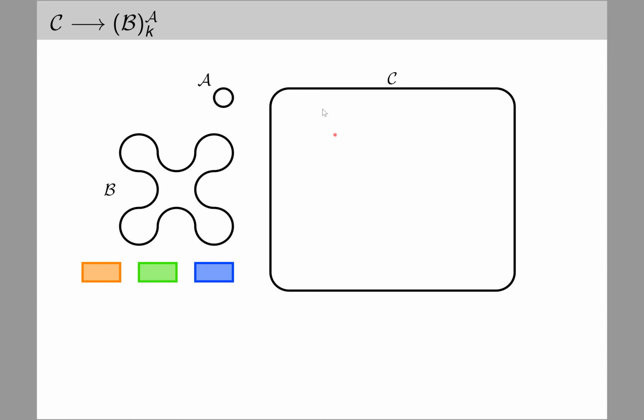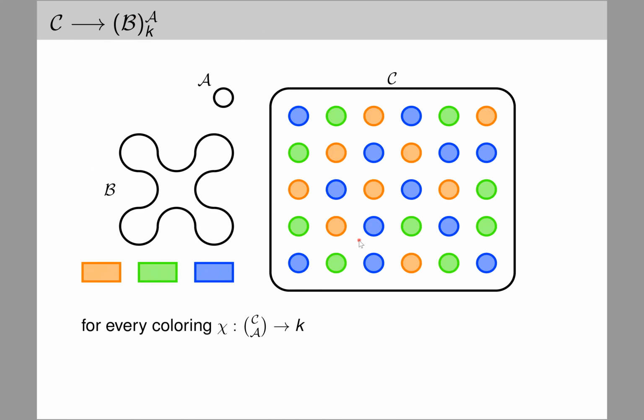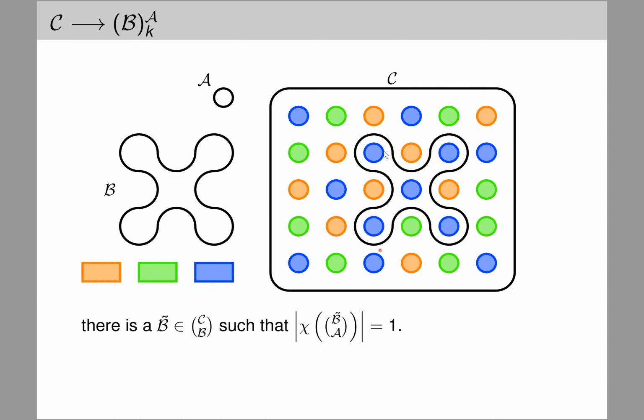if the following holds. Let A, B, and C be the substructures, and let K be the number of colors. Here we have 3 colors. And then this relationship holds if for every coloring of copies of A in C with K colors, so this binomial notation now means copies of A in C. So no matter how we color copies of A in C with K colors, there is always a monochromatic copy of B. So there is always a copy of B such that you can think of this as generalized points.